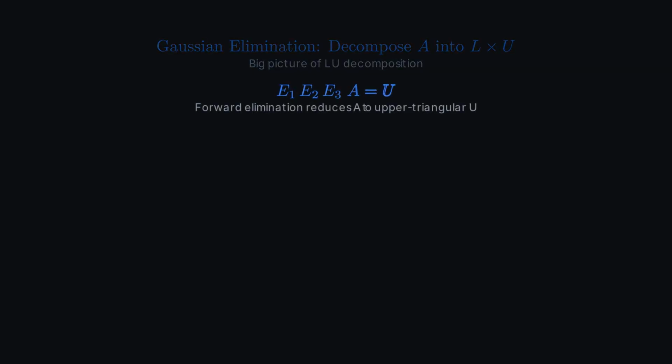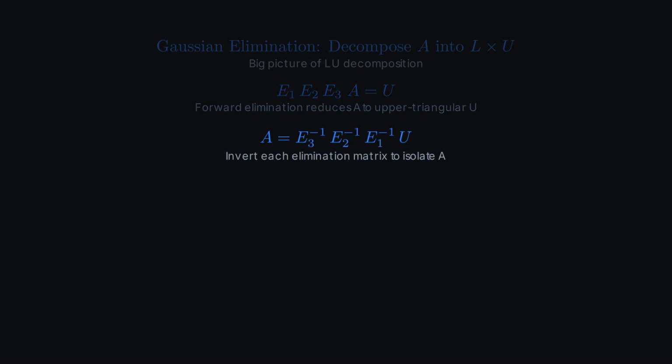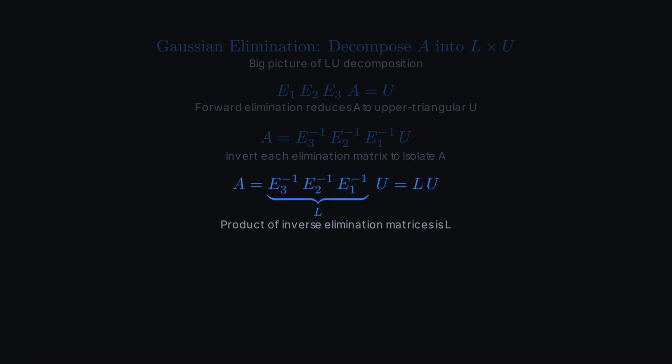Here's the big picture. In Gaussian elimination, we decompose A into L times U by applying a sequence of elimination matrices and, when needed, permutation matrices. Starting from the elimination process, we can write A equals E3 inverse times E2 inverse times E1 inverse times U. This entire product of inverse elimination matrices is exactly what L encodes in LU decomposition.